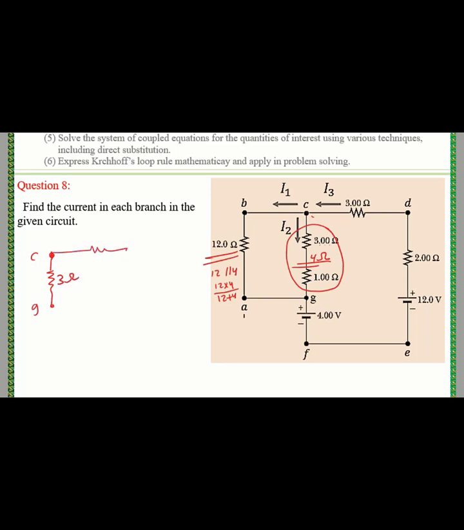Then follow your circuit. It's a very easy question. This is 3, this is 2, 12, 4. Now you can take only one current, which is I3, and take this direction for analyzing.